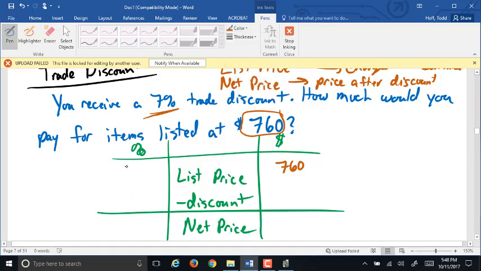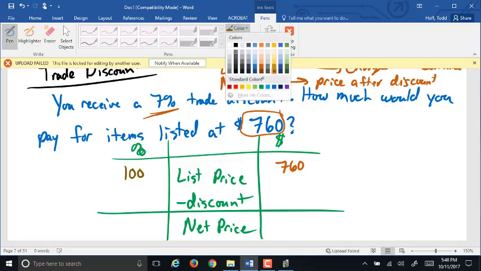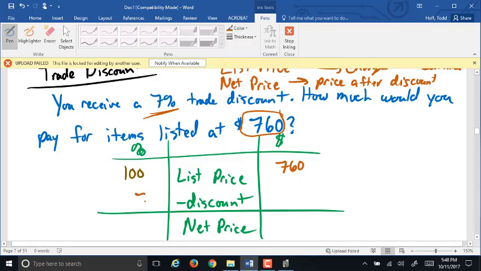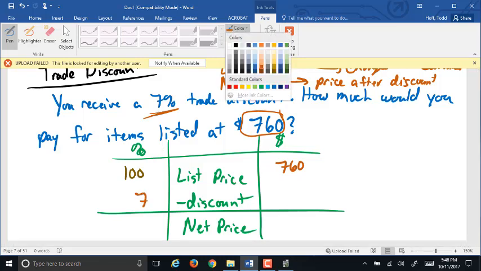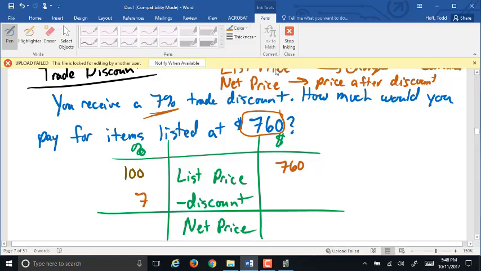Okay, the list would be 100%, and the 7% is the trade discount, right? So now we can use that to calculate 100, we're subtracting because it's a discount, so 100 minus 7 is 93% is the net price.